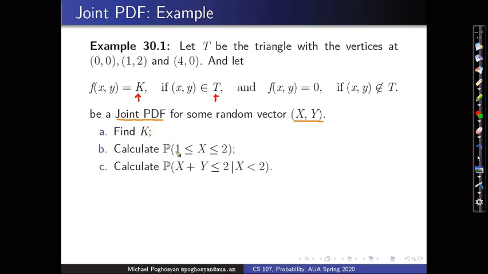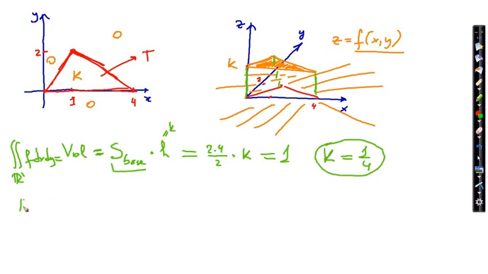So calculate the probability that X is between 1 and 2. What I am doing, I'm not thinking in three dimensions because it is not so easy to draw and think in this space, but I am thinking in the two-dimensional projection, the values of x and y projection.